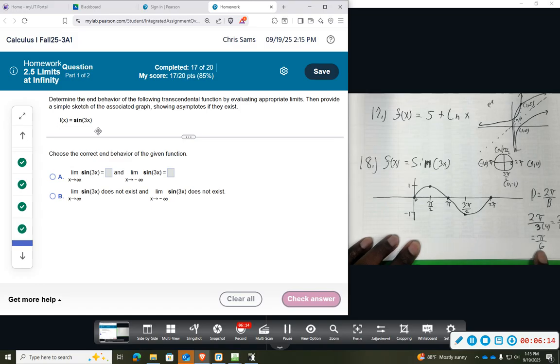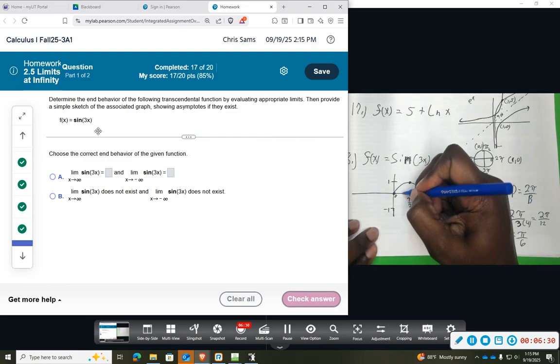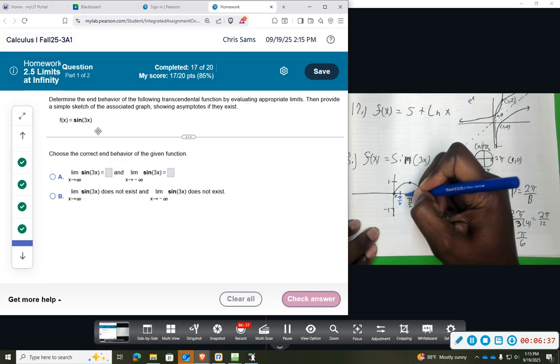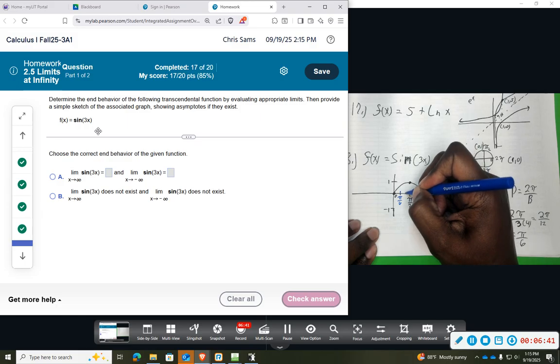So our periods would now be pi over 6, and I'm sorry, some of that's running off. So if I was to graph my new function on this same plane to see what happens, let's see how to do this. We would have a pi over 6, and then 2 pi over 6 would be pi over 3, which would be like here.